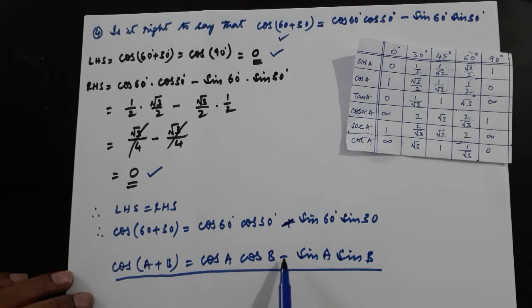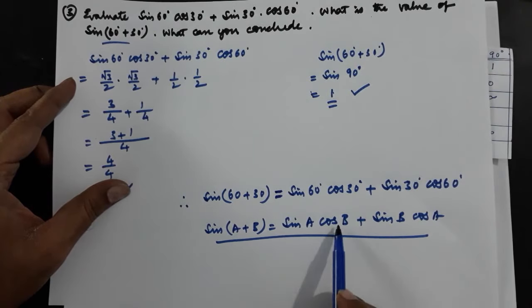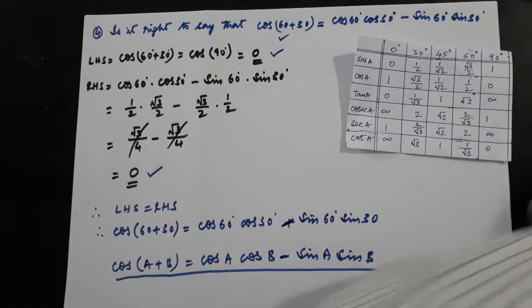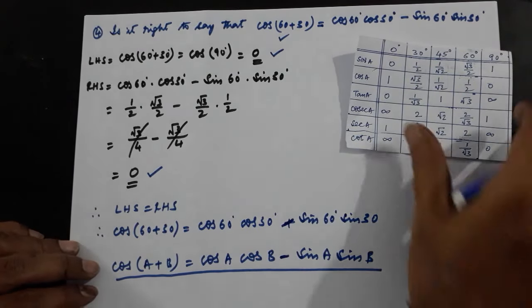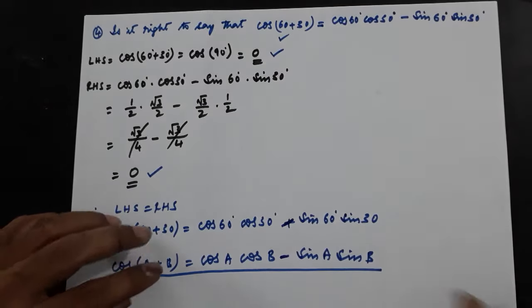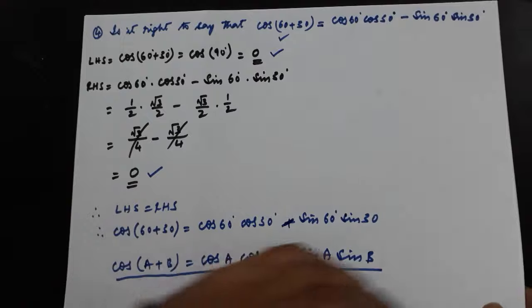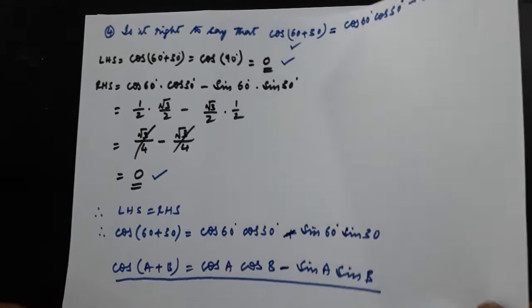Cos A cos B minus again sin A sin B. So earlier what we got? Look at the earlier sum. Sin A plus B equals sin A cos B plus sin B cos A. So here what we have? Cos A plus B equals cos A cos B minus sin A sin B. Okay. You'll get this in later chapters. Okay.